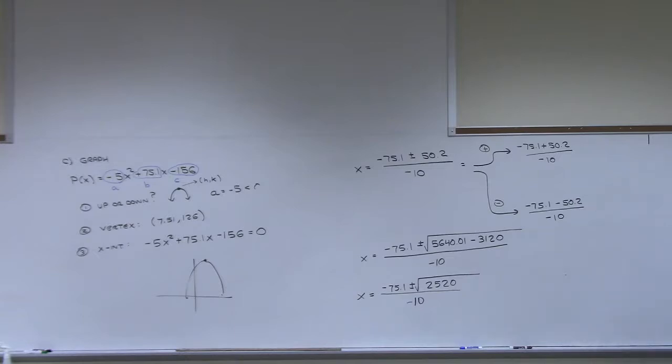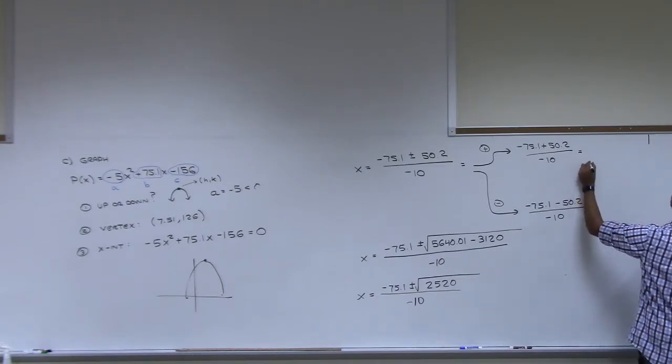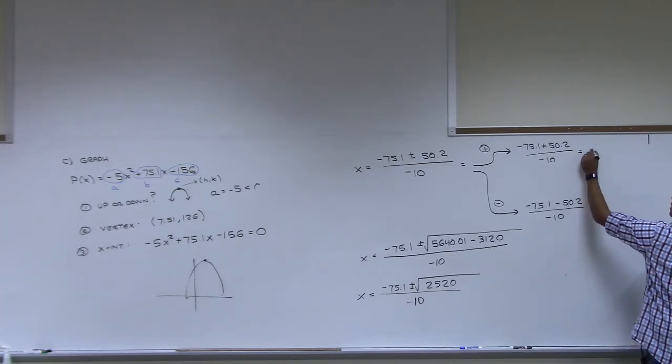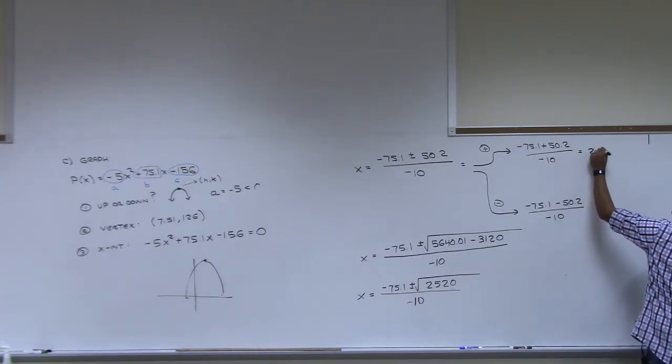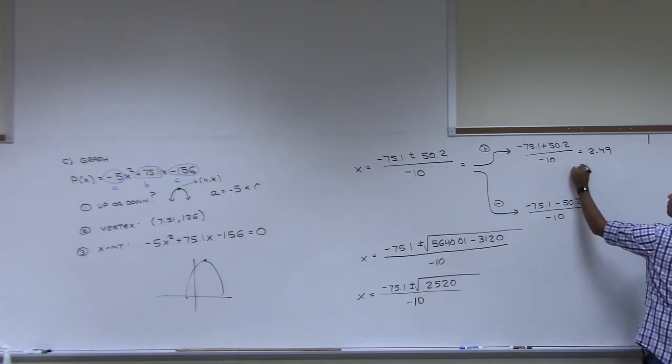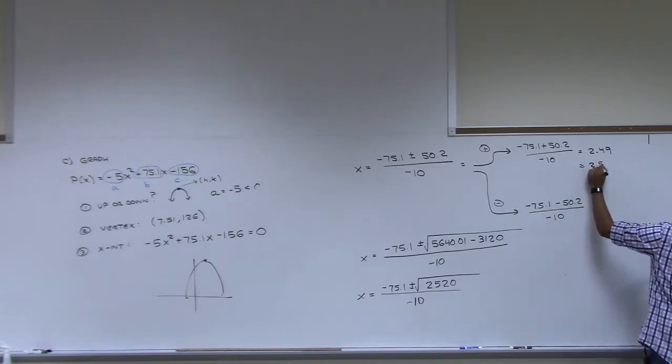And let's see what we get. Do everything on the top first, right? I'm getting here, anyone have this one yet? About 2.49? 2.5 if we round it. So about 2.5, it's good.